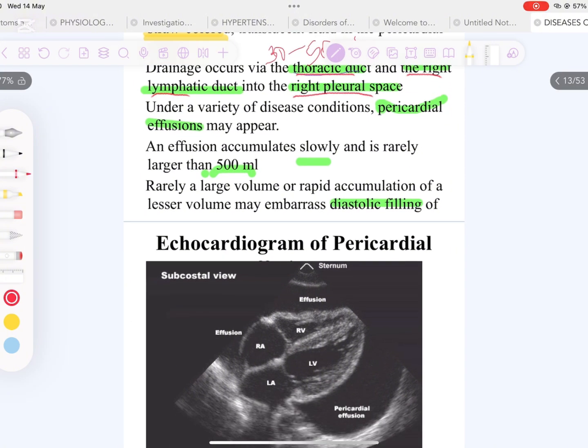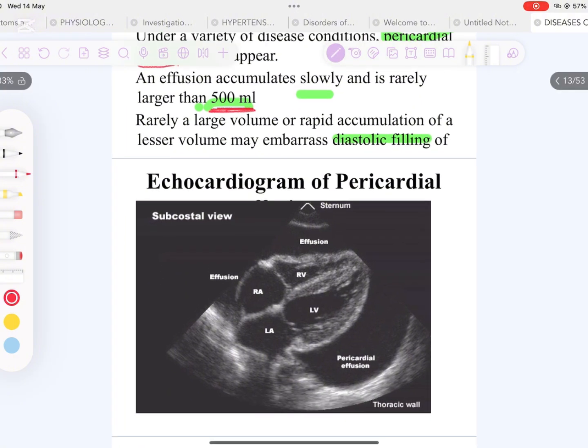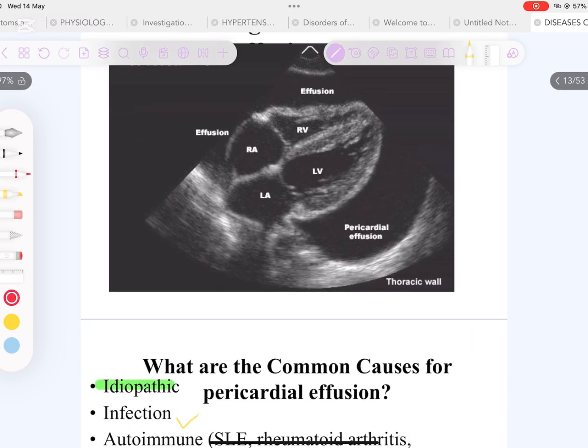Now, under a variety of disease conditions, you can see pericardial effusions, but they rarely exceed 500 ml. But when there is a large volume or rapid accumulation of lesser volume, you will see diastolic filling being an issue. For example, let's say this is pericardial effusion, all this place.